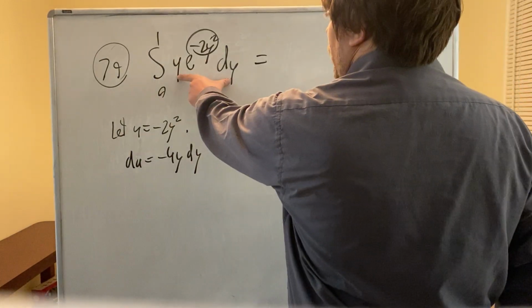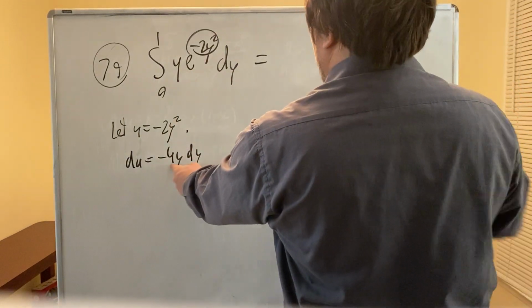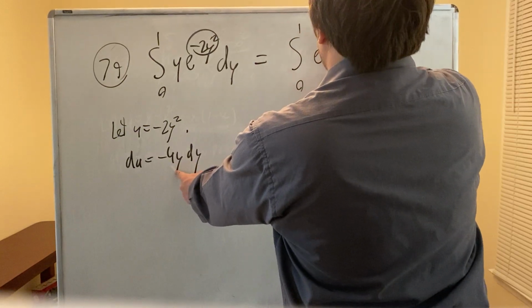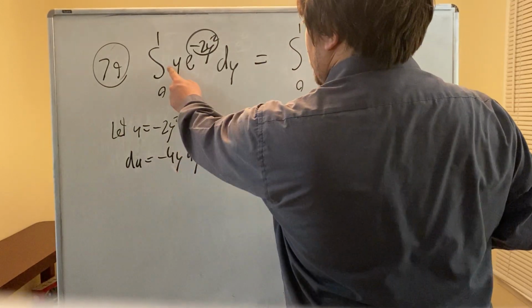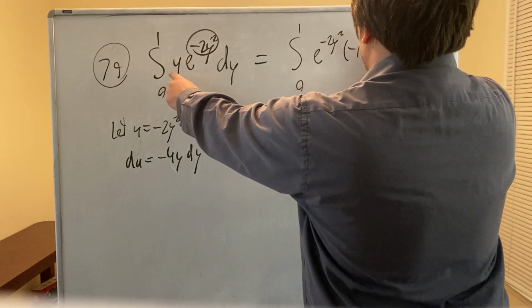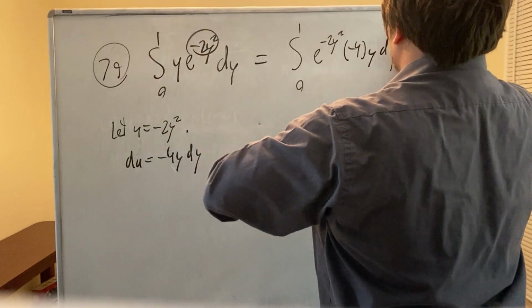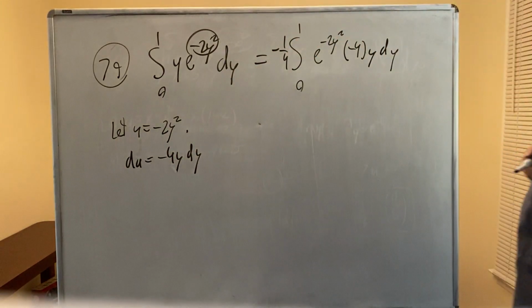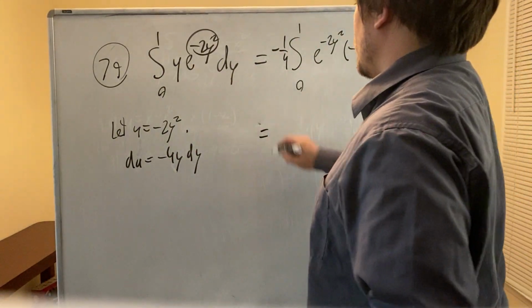So we have the y dy here, but what we're missing is the negative 4. So I'm going to put the negative 4 there. So you get e to negative 2y squared, and then the negative 4 goes there. And if the negative 4 goes there and negative 1/4 goes there, negative 4 times negative 1/4 cancels to 1.